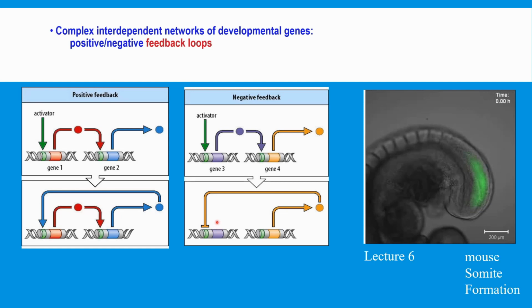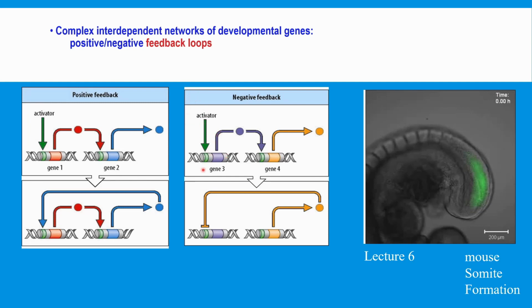This will lead to loss of this activation pathway where gene 3 activates gene 4. So actually, gene 4 product will shut down gene 3 expression, which will shut down expression of gene 4. So it will shut itself down. In this case the signal is removed, so this will happen just once.